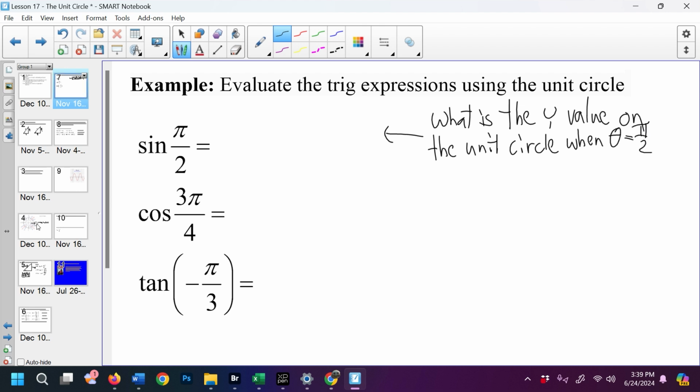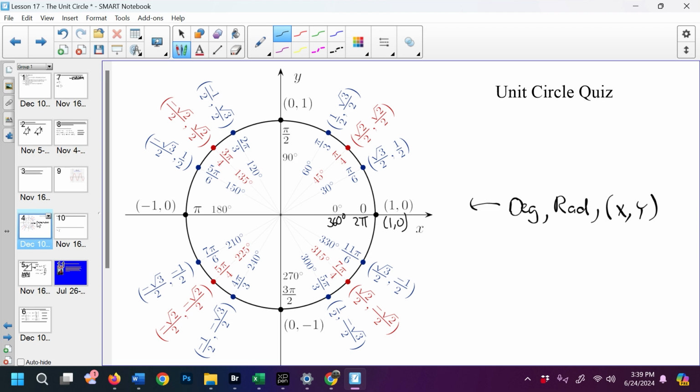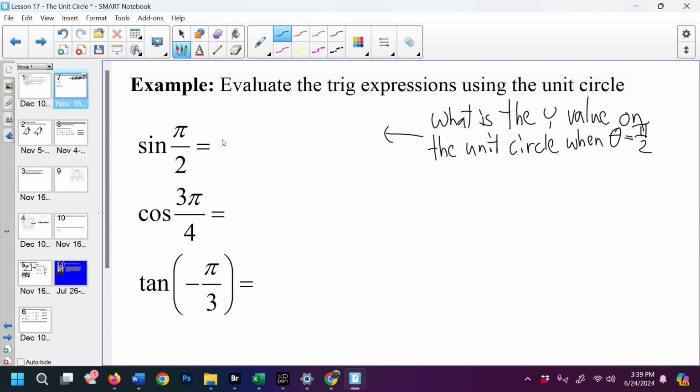So I go back to this unit circle, and again, you want to memorize this so that you can do all of these in your head. There is pi over 2 radians, the y value is 1, come back to here, and I say this is just 1.